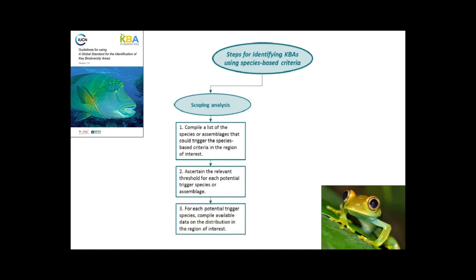The next step then is to compile readily available information on the distribution of species in the region of interest. And the KBA guidelines provide suggestions on where to find this information, and we will probably be expanding that list of useful information sources as we gain more experience with the process.